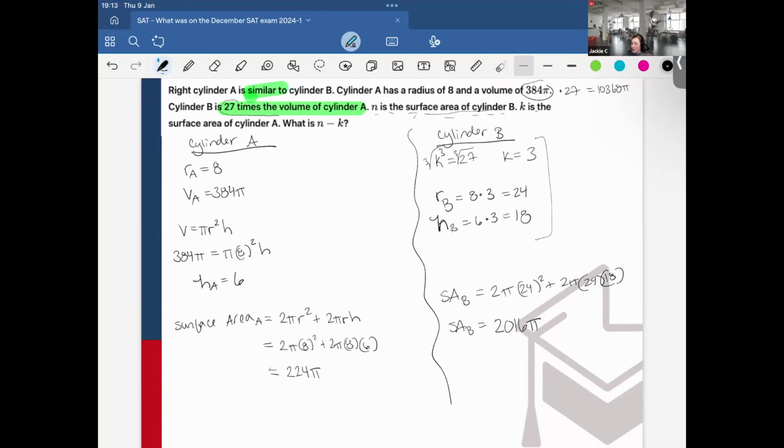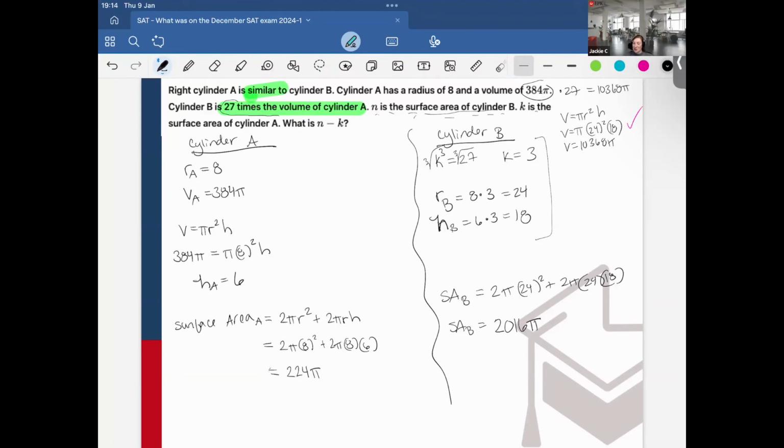And I said that volume is equal to pi r squared times h. Volume is equal to pi, the radius we established was 24 squared times 18. And 24 squared, I said, was 576 times 18. Oh, look, it gives me 10,368 pi. So just to show my scale factor checks out, it makes sense.